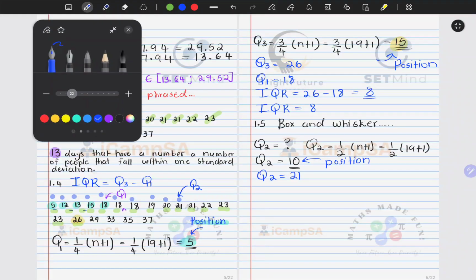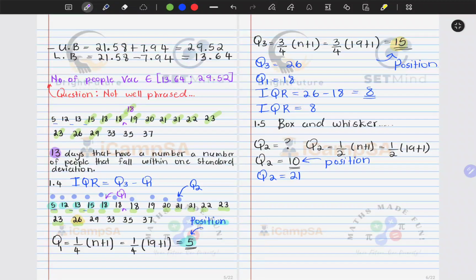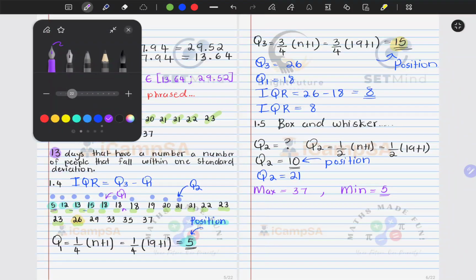Then for our box and whisker, we can just look at our data here. We obviously always need the max, which is the last number, 37. And we also need the minimum, which, if you observe carefully, is 5. So with this out of the way, we can go ahead and try and draw our box and whisker. Let's go ahead and cook.